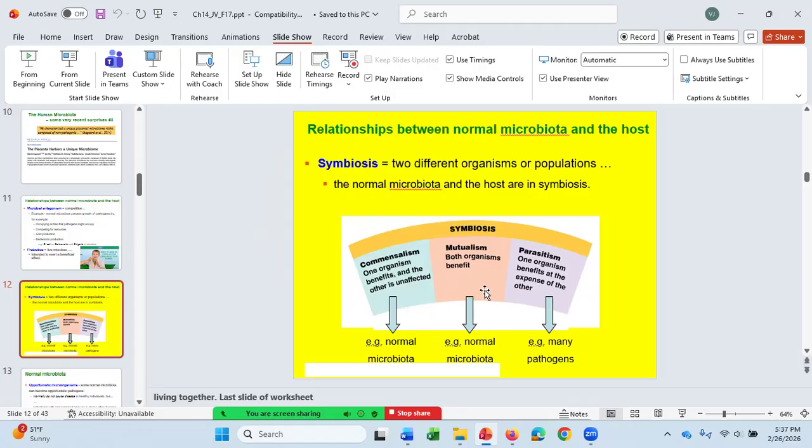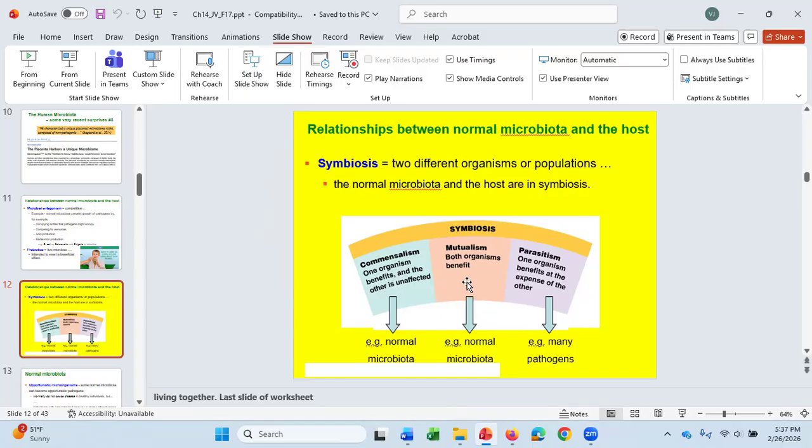Normal microbiota can form a mutualistic symbiotic relationship or a commensalistic relationship. A mutualistic symbiotic relationship is where both organisms benefit. For example, microbes in our gut get a home, the gut, and they get food from us, and they can benefit us by helping us digest the food and then making that available to humans.